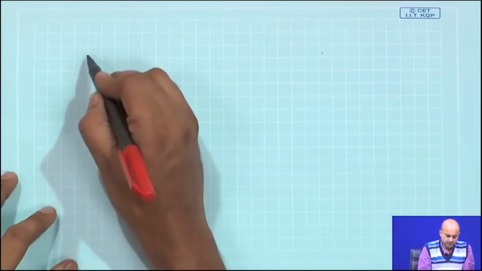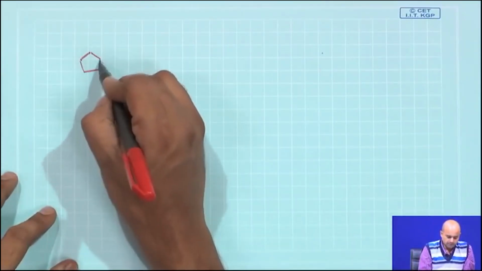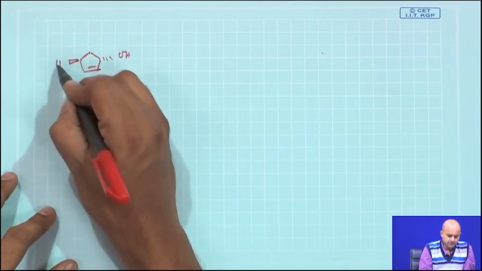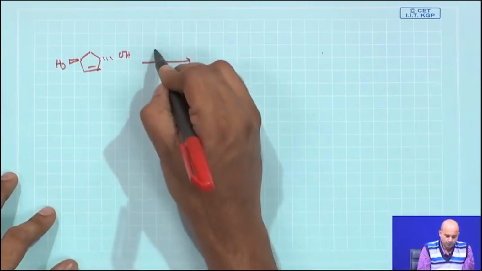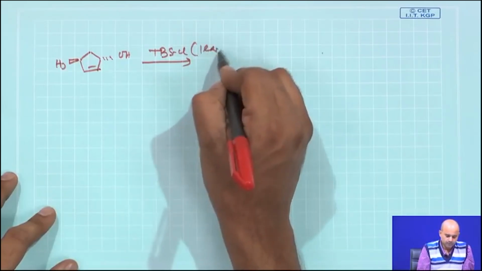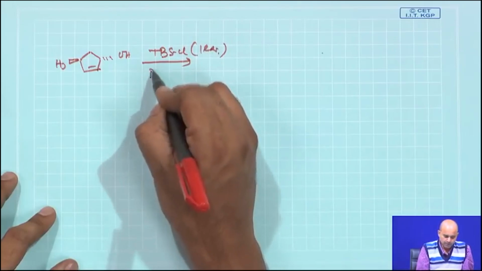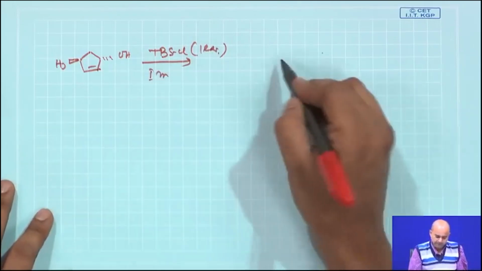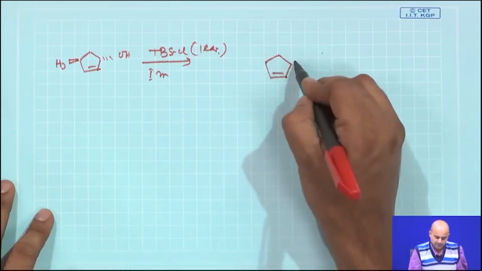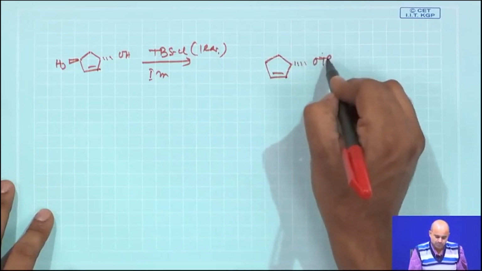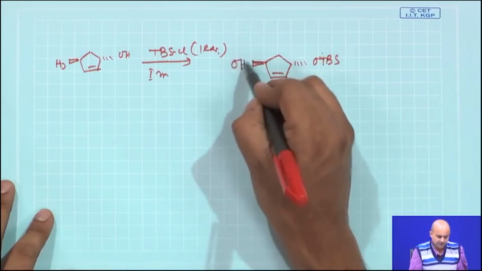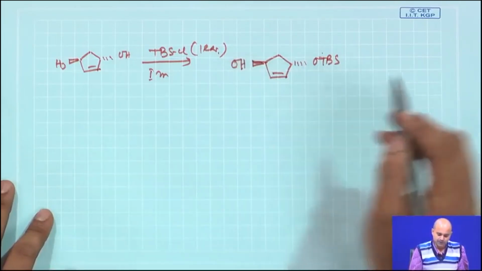So, now what we say, you have this starting material with this OH and this OH. You react with one equivalent of TBS chloride with imidazole. Let us react initially. You might think about which OH will react. Say first the right hand OH is protected.